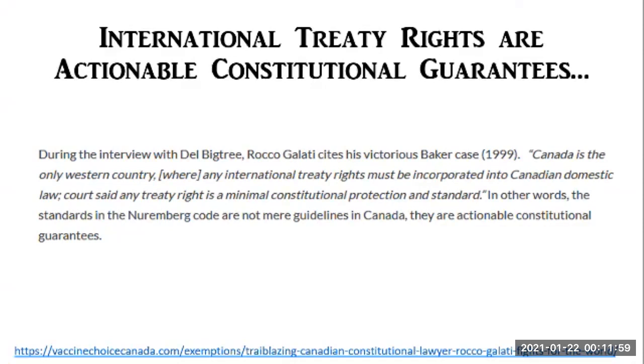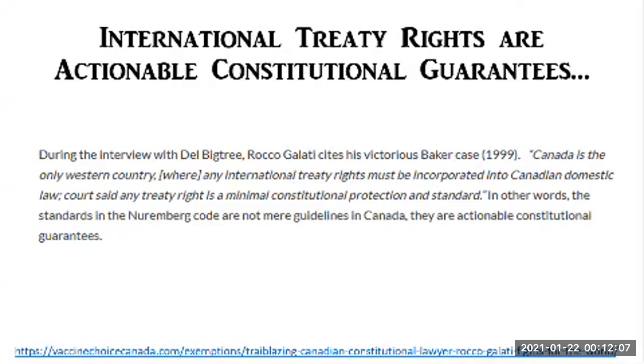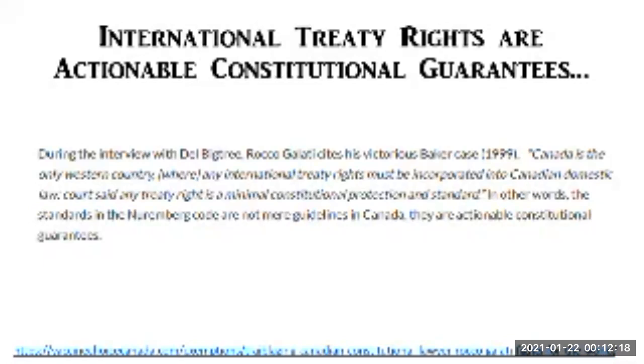In this, he says Canada is the only Western country where any international treaty rights must be incorporated into Canadian domestic law. Court said any treaty right is a minimal constitutional protection and standard. In other words, the standards in the Nuremberg Code are not mere guidelines in Canada, they are actionable constitutional guarantees. So that's really saying something.